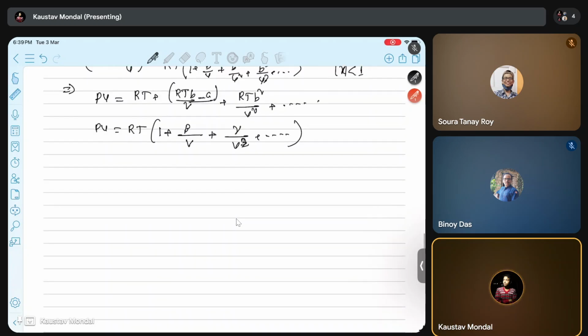This beta, gamma, this is called the second order coefficient.